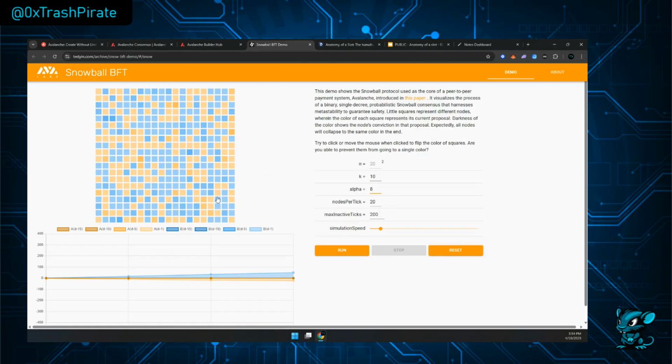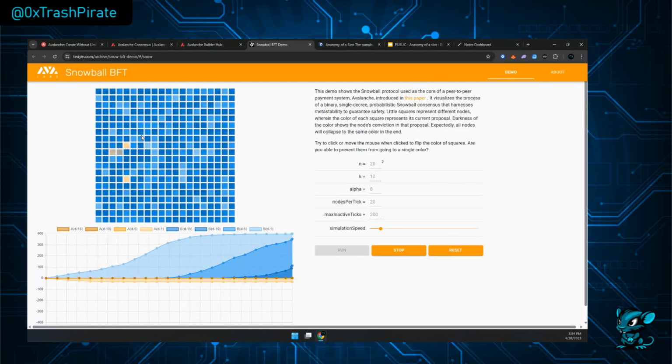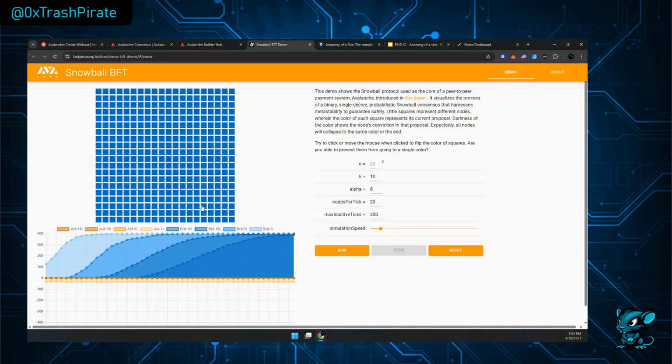And in this demonstration, you can see that over time it will just collapse into one of the two colors. Even if you mess around with it, it will still do that. If you run it, and I try to make these a different color, it still collapses to one color, which means they come to an agreement, which is the whole point of the consensus algorithm.